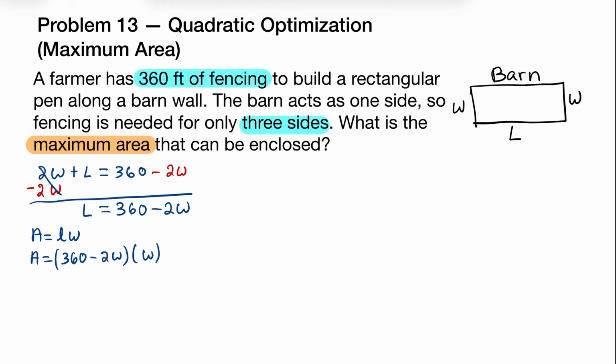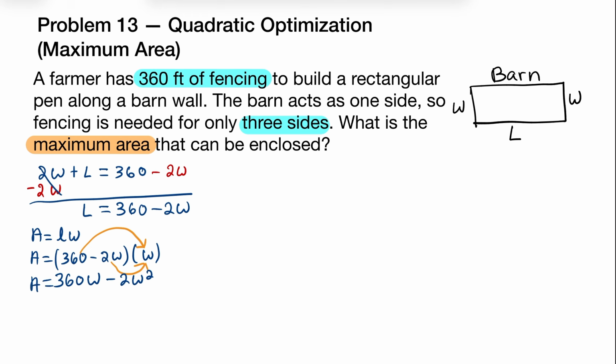Okay, and so what we're going to do is simplify by distributing and multiplying. We have 360 being distributed to W, which is 360W. And then we have negative 2W being distributed to W, which is negative 2W squared.